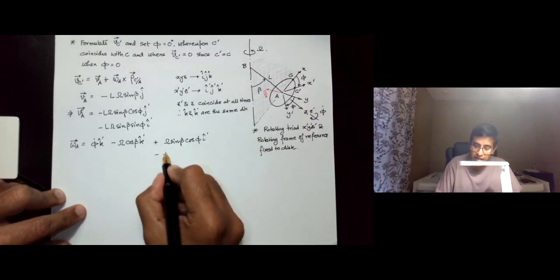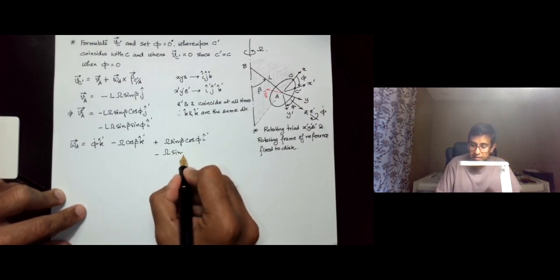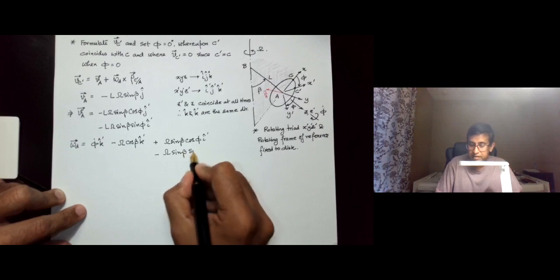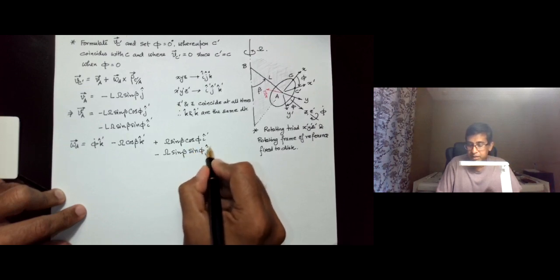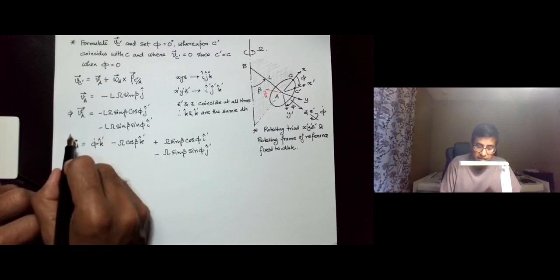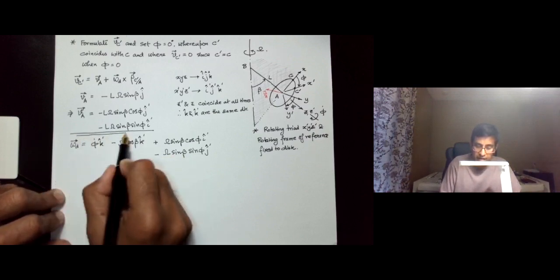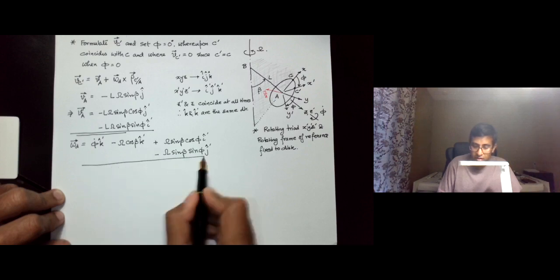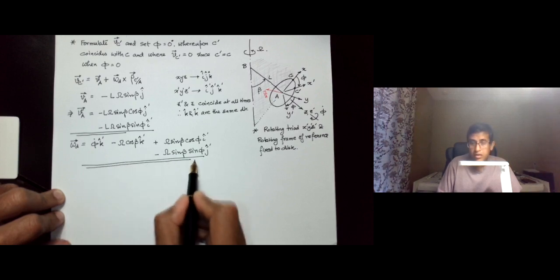So minus omega sine beta sine phi j prime. So this is our VA, and this is our omega d.